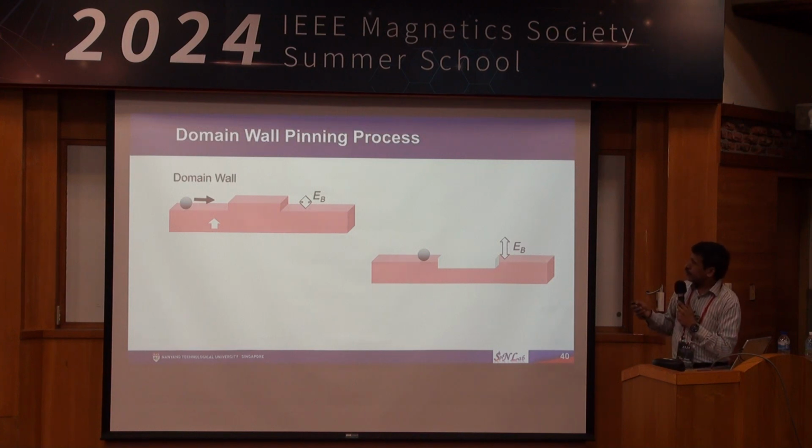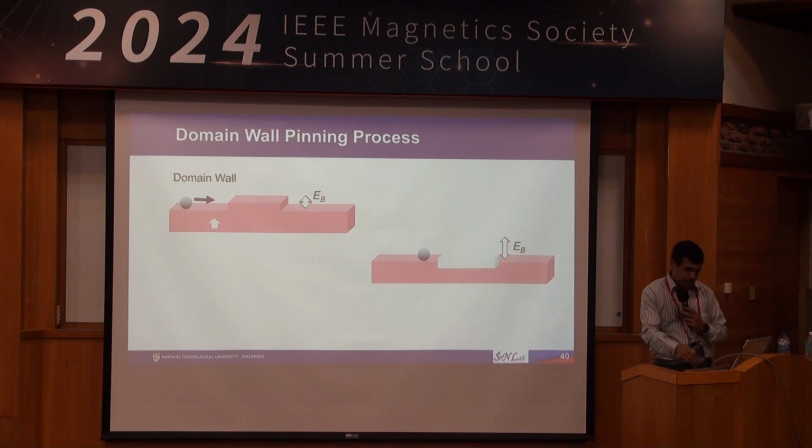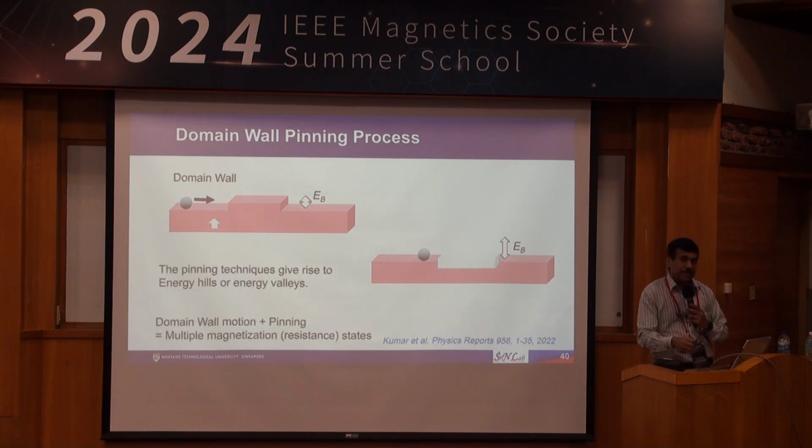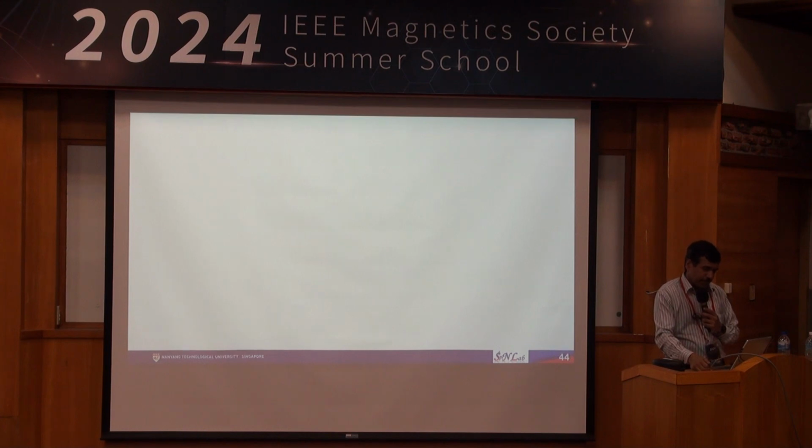When we talk about domain wall pinning, we create an energy barrier or energy valley. When the domain wall comes to this region, it sees an energy barrier and stops. And when we have an energy valley, the domain wall will come here, see a barrier and stop. So we have to create domain wall pinning sites.